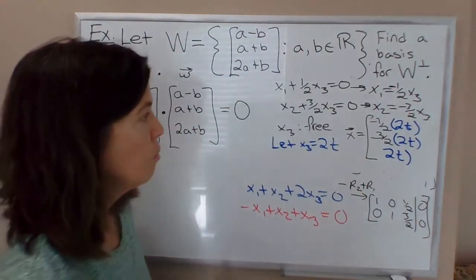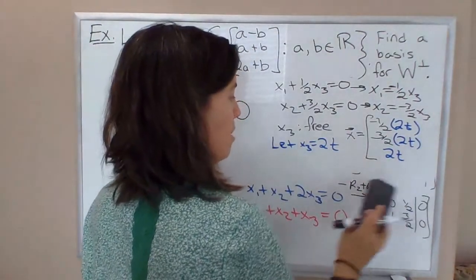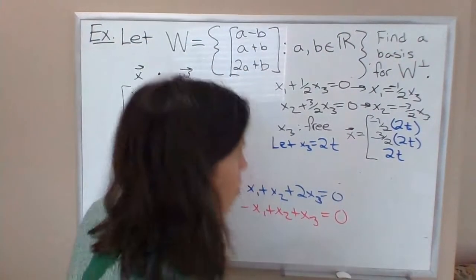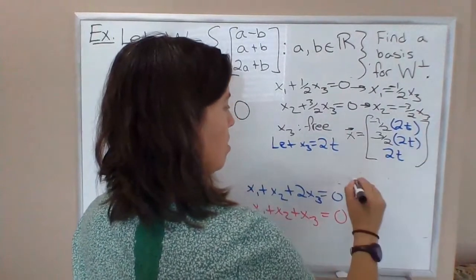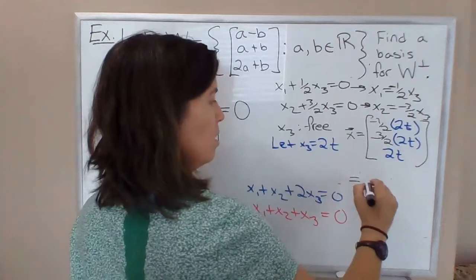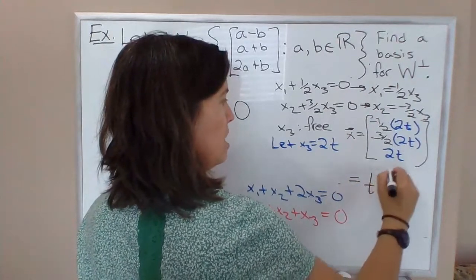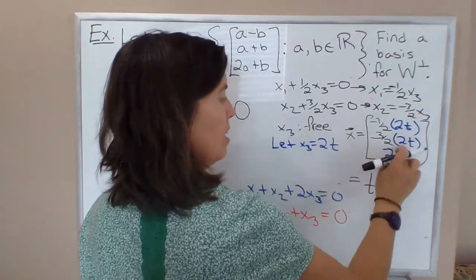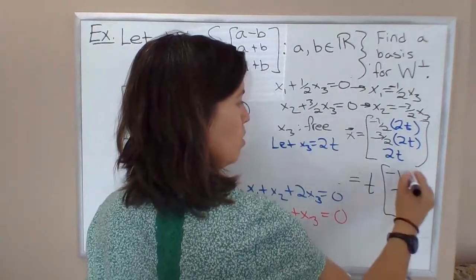If I factor t out of that, then any vector x in the orthogonal complement will be equal to t times negative 1/2 times 2, so that's just negative 1, negative 3, 2.